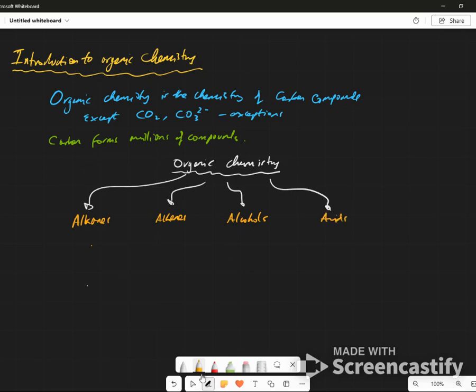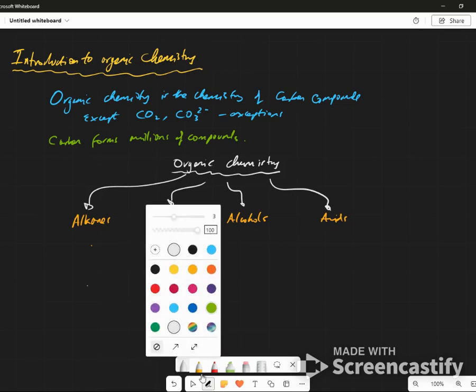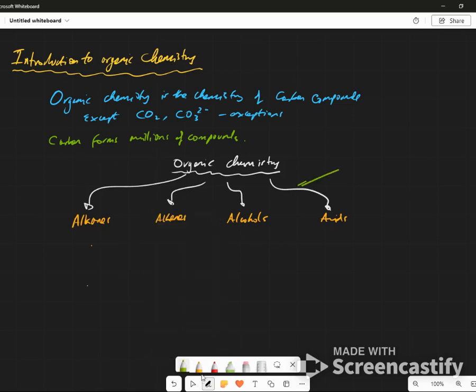These four bits we separate organic into are known as homologous series. Homologous, hard word, series. There are loads more homologous series, but we only study four of them.